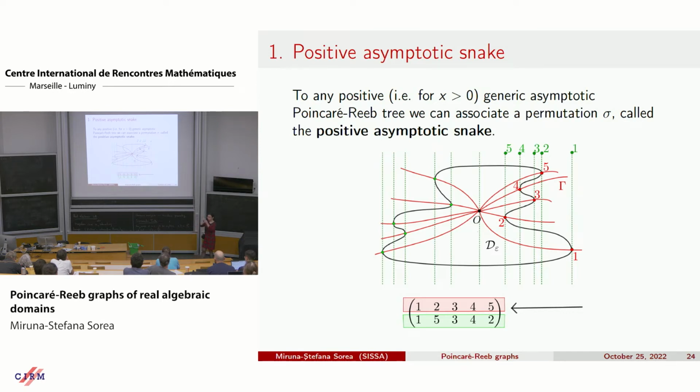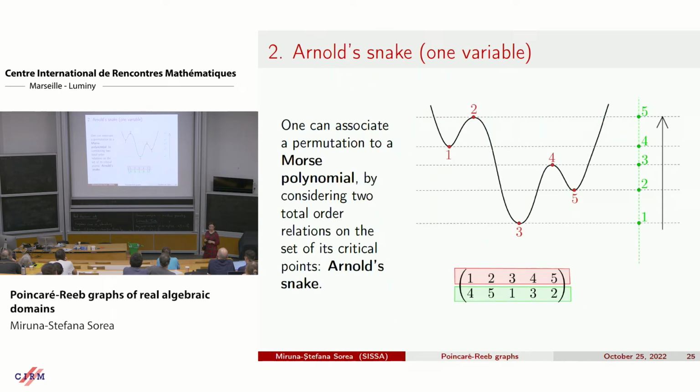And by comparing these two total orders that endow the same set of objects, in our case, these red points, you get a permutation. And what is even nice is that always in this case, you get an up-down permutation, or you can call them a snake. And you see here, the first one arrives in the first position, the second one here arrives in the fifth position, so 2 goes into 5, and so on. So this is an up and down permutation. Why did I call it a snake? This is because I was inspired from Vladimir Arnold, who used this in the univariate setting.